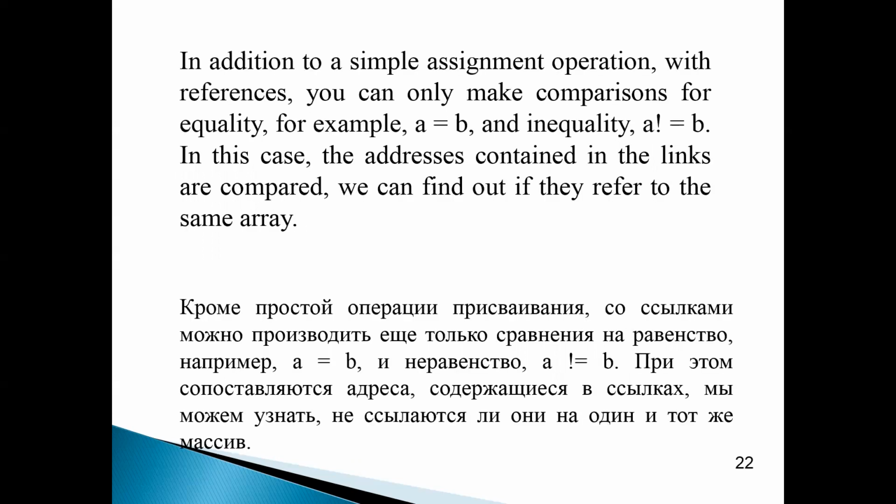In addition to a simple assignment operation with references, you can only make comparisons for equality, for example A equals equals B, and inequality, A exclamation sign equals B. In this case, the addresses contained in the links are compared.